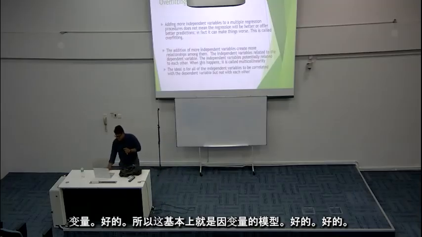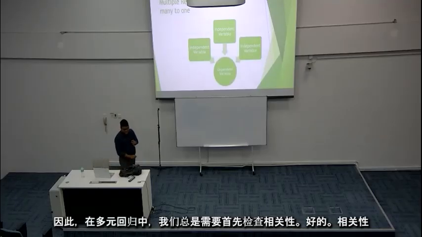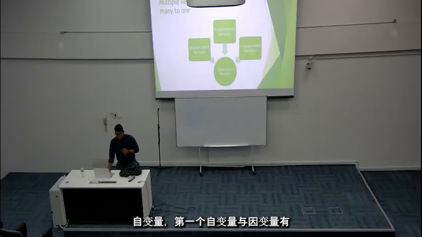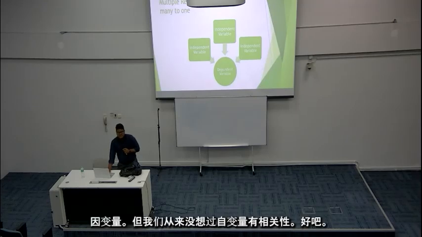Under multiple regression, we always need to check the correlation first, between the dependent variable and the independent variables. We expect the first independent variable to have a strong relationship with the dependent variable, and the second independent variable to also have a strong relationship with the dependent variable.